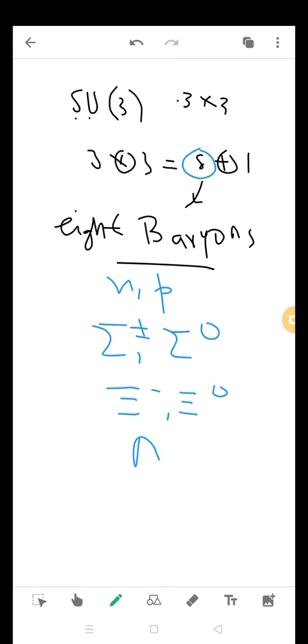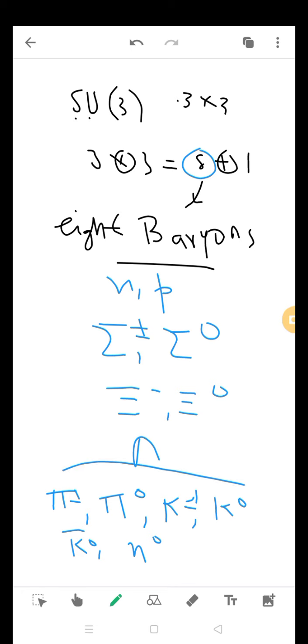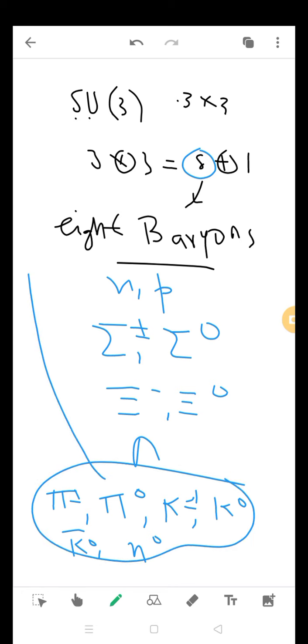And also the 8 mesons, that means pi plus minus, pi 0, K plus minus, K 0, K bar 0 and eta 0. These 8 are again represented by this 8.